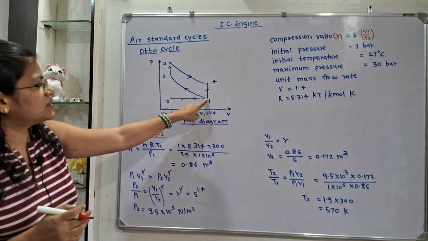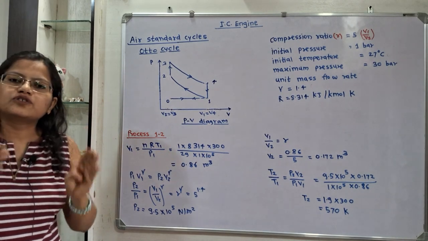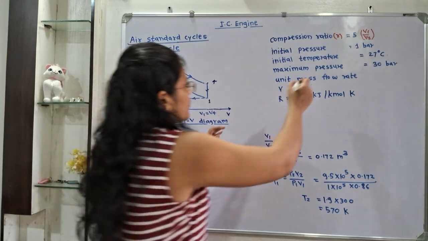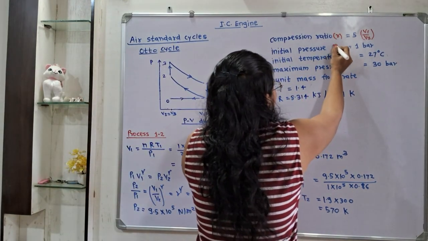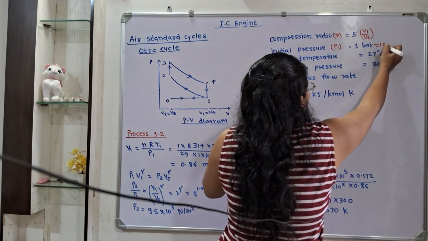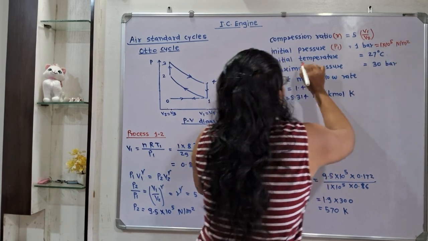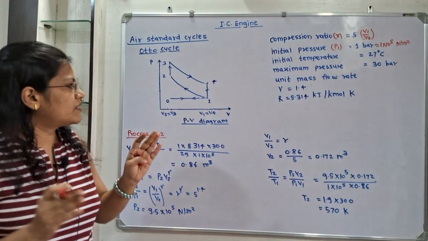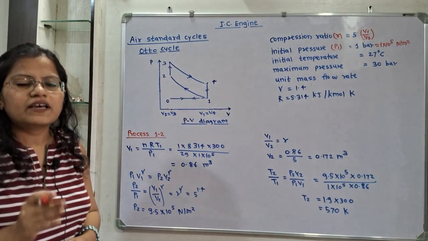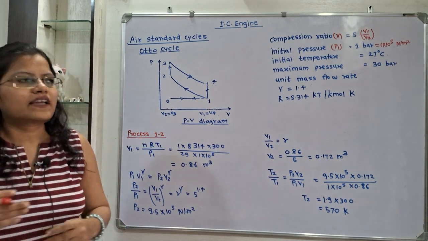Initial pressure, that means P1, is 1 bar. The standard unit is Newton per meter square. So we write here P1, and to convert bar into Newton per meter square, it is 1 into 10 raised to 5 Newton per meter square. Then initial temperature is known as T1, and for calculation we always use the temperature in Kelvin.